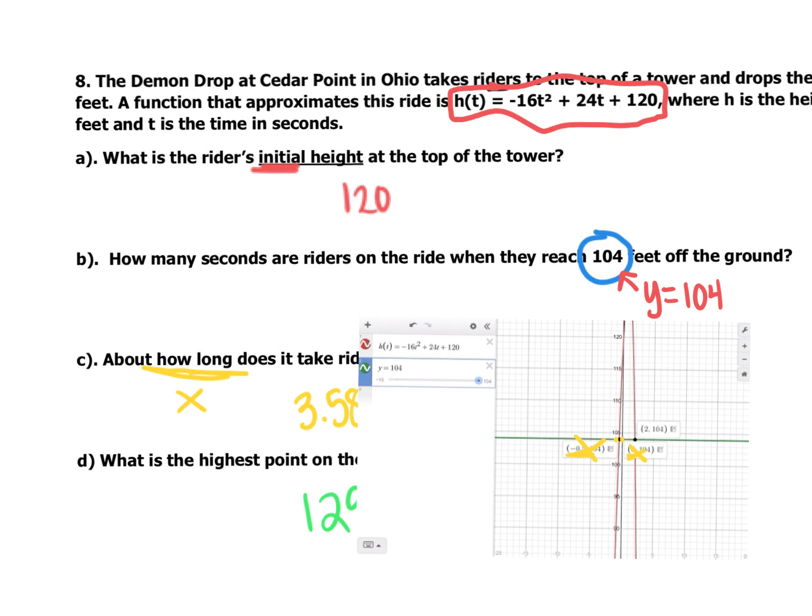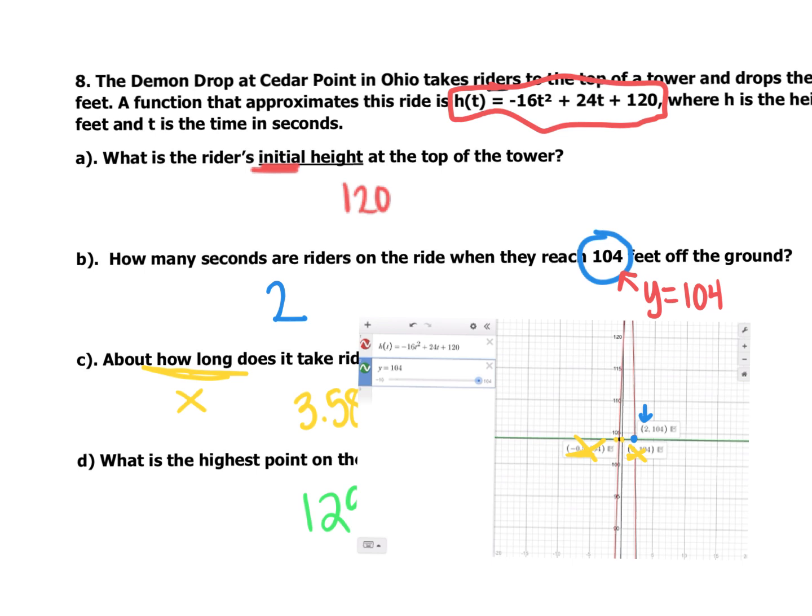In this case, there's only one solution: the one spot where the green line and the red line cross that has a positive x value. So what this means is that the riders are on the ride for 2 seconds when it reaches 104 feet off the ground.